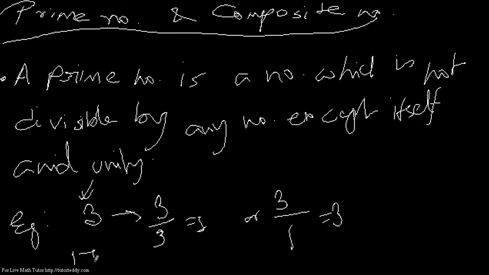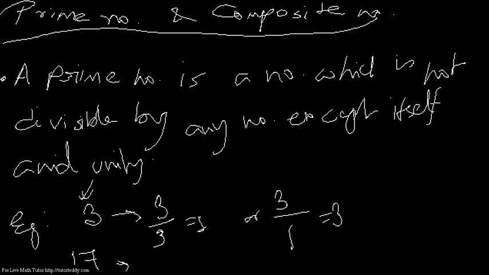Suppose 17. 17 also, you can see that we can't divide it with any other number. By 2 it is not divisible, by 3 it is not divisible, and again if it is not divisible by 2, it won't be divisible by any other even number also. And also if it is not divisible by 3, it is not going to be divisible by any other odd numbers.